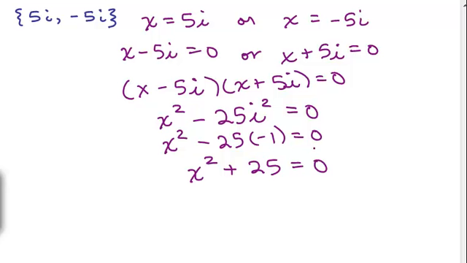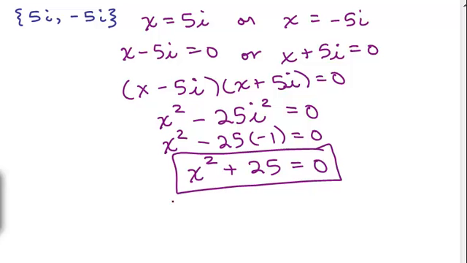And you can check it by plugging in 5i for x, just like I checked the square root of 7 or the negative square root of 7 in the previous problem, and make sure that you would really get 0. So let's just check one of these. Let's check 5i.